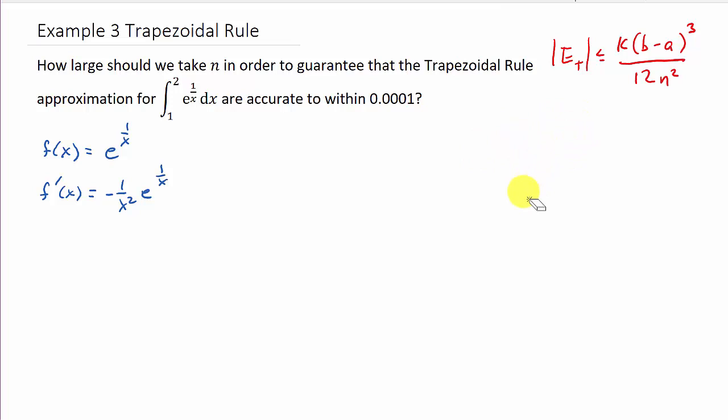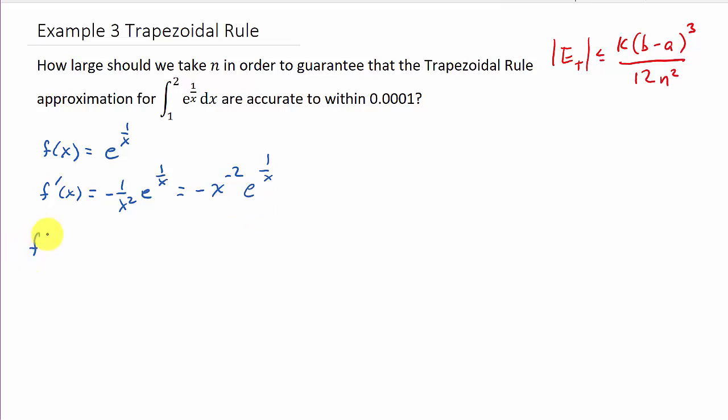Alright, so now I need to take the second derivative. To take the second derivative, I'm going to rewrite this as negative x to the negative 2 times e to the 1 over x. It'll be easier to take the derivative. We'll have to use the product rule.